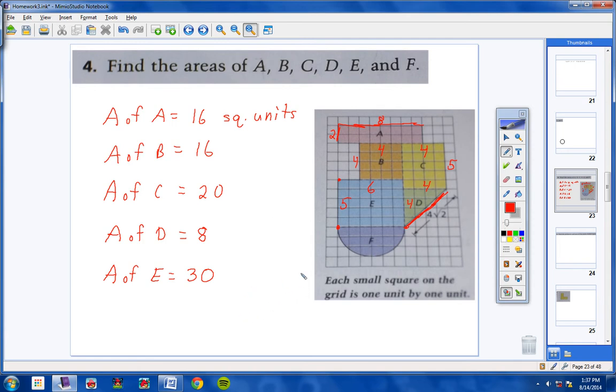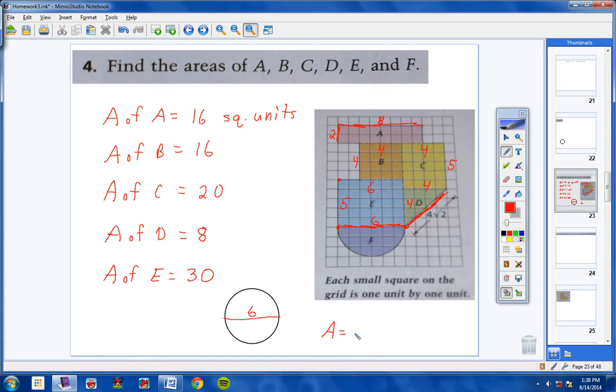Now again, remember, students, we're dealing with half a circle. Now if I had a whole circle in which my diameter was 6, and the reason I'm saying 6 is this line right here going across is 6. If I wanted to find the area of this entire circle, do you remember how to do that?